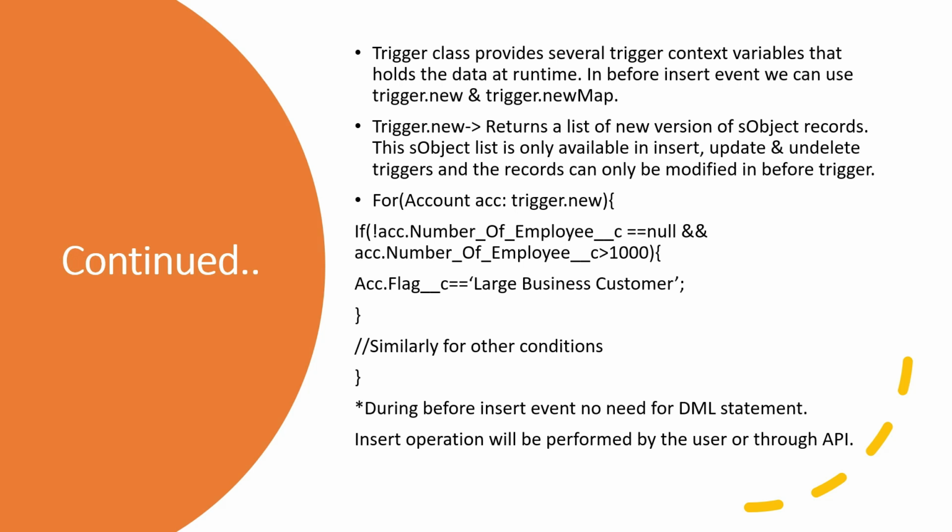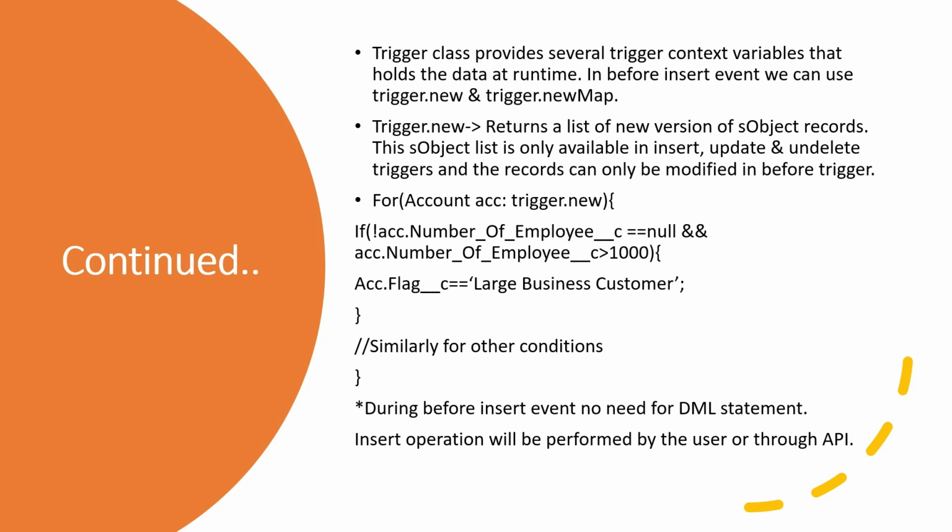For Account acc in Trigger.new, acc is the variable name of the account. If acc.NumberOfEmployees is not equal to null, and acc.NumberOfEmployees is greater than 1000, then you want to flag that account as large business customer.